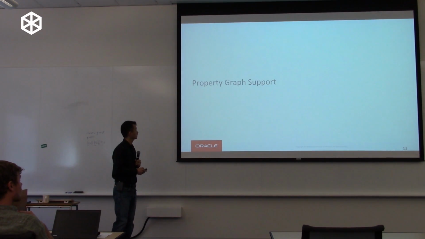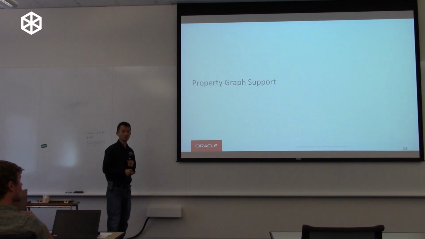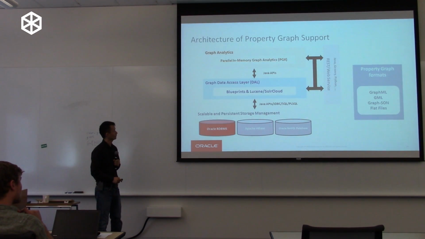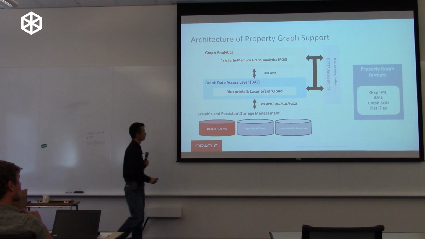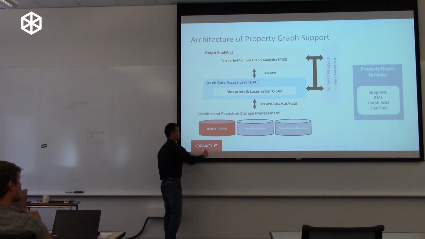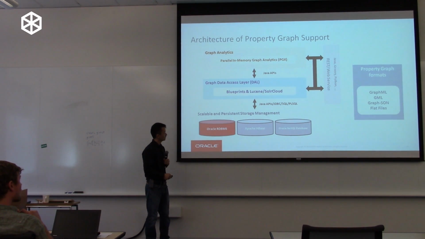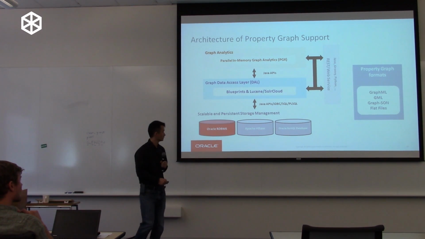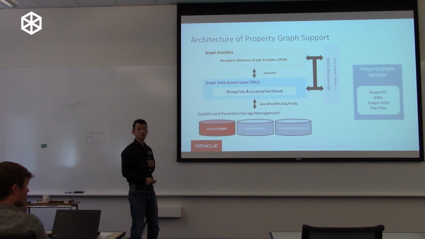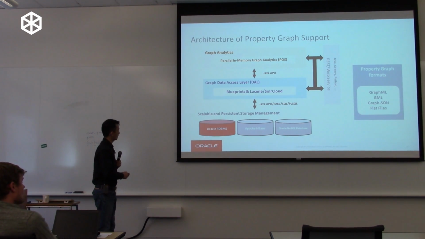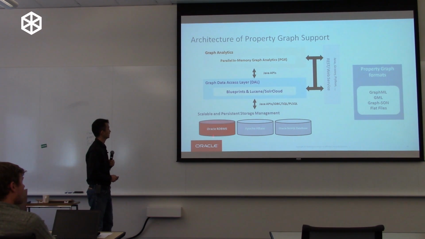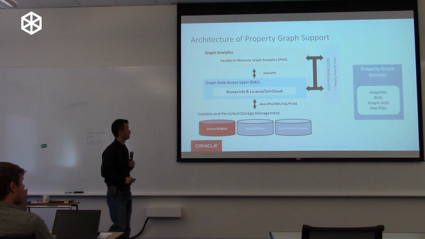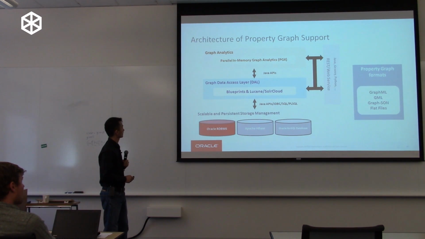Now let me give you a quick overview of property graph support. This shows the architecture. As a backend, you have a choice of databases like Oracle NoSQL Database or Apache HBase. These two are for the big data platform. And in the upcoming Oracle release, we're going to have a property graph schema in Oracle Database, so native PG data storage.